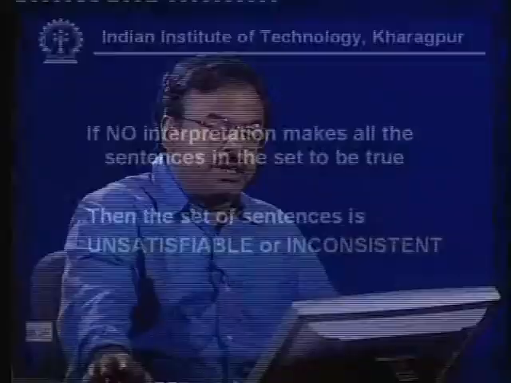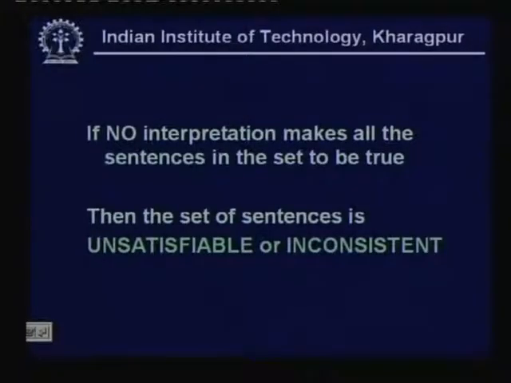Now, if there is no interpretation that makes a sentence true, then that sentence is called unsatisfiable or inconsistent. If there is no interpretation that makes all the sentences in a set true, then that set of sentences is inconsistent, or unsatisfiable.